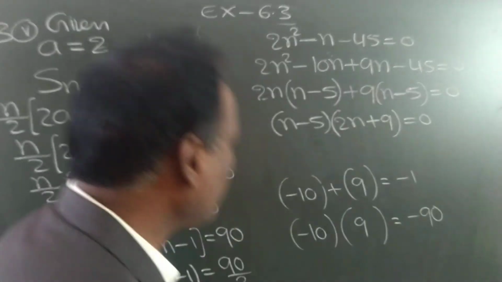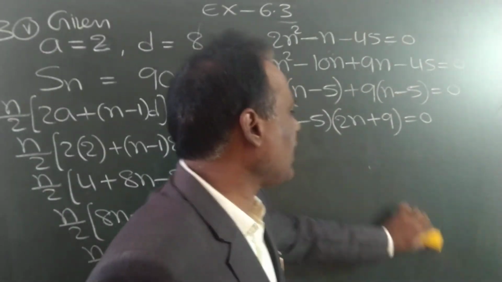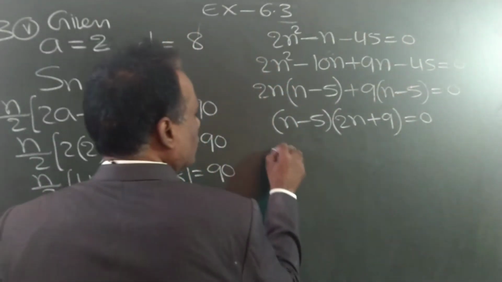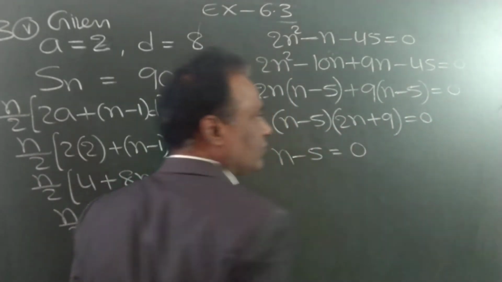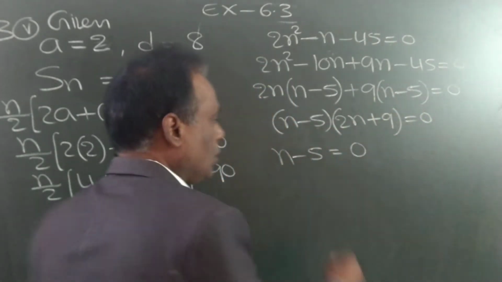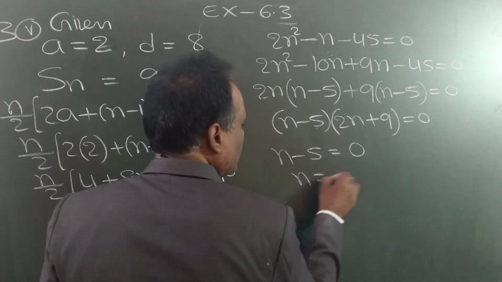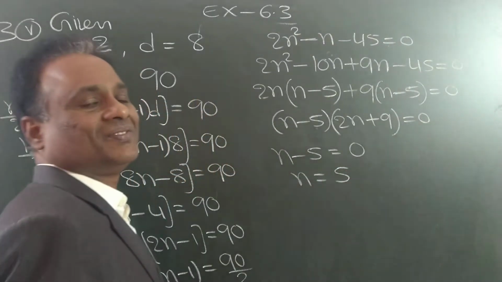After getting the factors, equate the first factor to 0 and the second factor to 0. n minus 5 may be 0 or 2n plus 9 may be 0. So n minus 5 is equal to 0 means n is equal to 5.